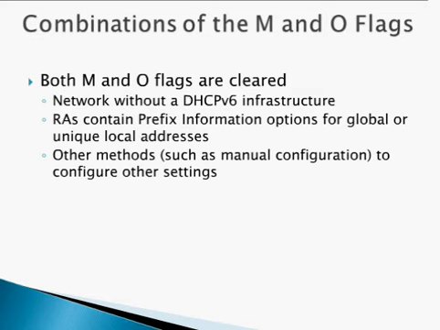In this case, I'm not doing DHCP anything. I'm not doing stateful. I'm basically relying on the RAs and the prefix information options to configure non-link local addresses, like global addresses or unique local addresses. And I'm using other methods, manual configuration, or the information within the RA itself to configure other settings.